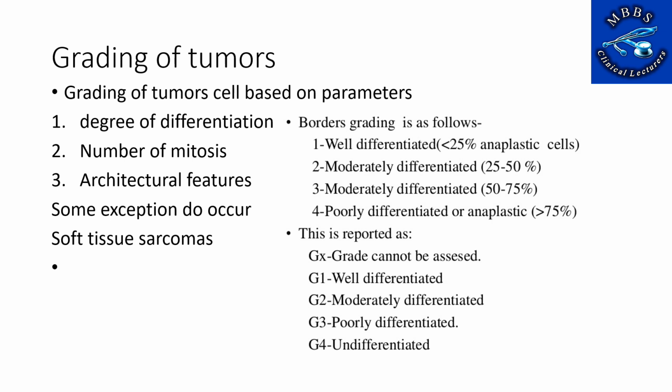In case of the sarcomas, these parameters like degree of differentiation, number of mitoses, and architecture patterns are completely unhelpful, and these parameters are usually not helping the pathologists in grading of these soft tissue sarcomas. So we will choose the other option in case of the soft tissue sarcomas.